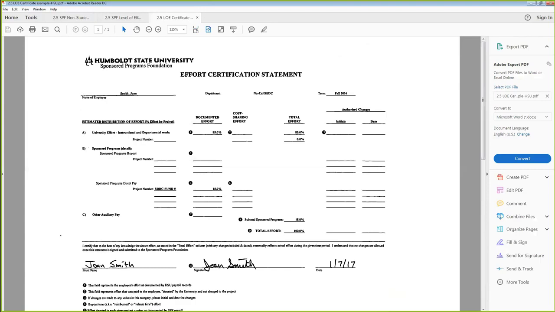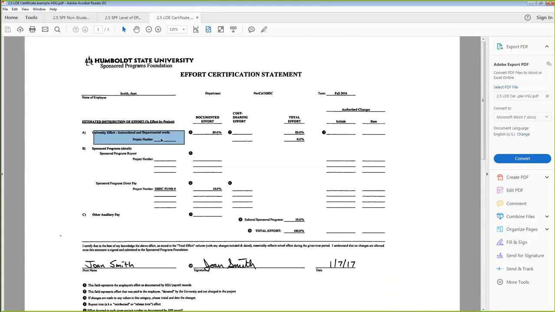So the employee name goes here, the department, NorCal SBDC, the term, so this is done on a semester basis, and then the distribution of effort. So university effort and department worked. A project number would go here.